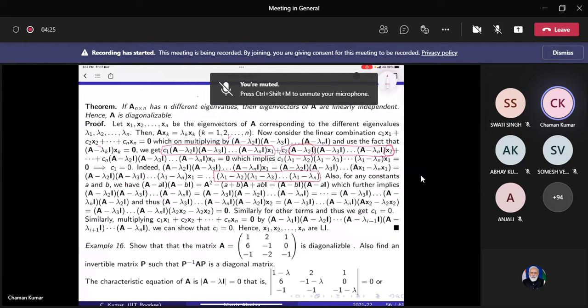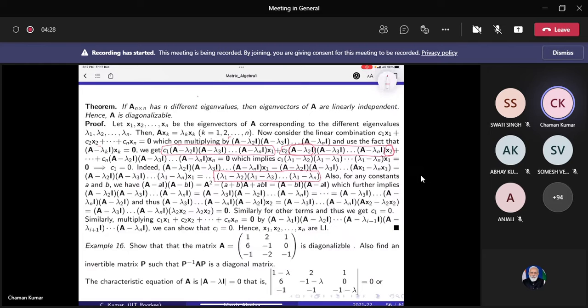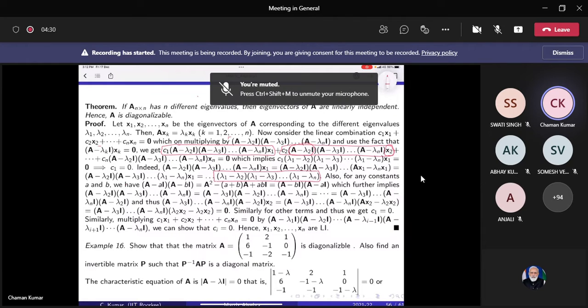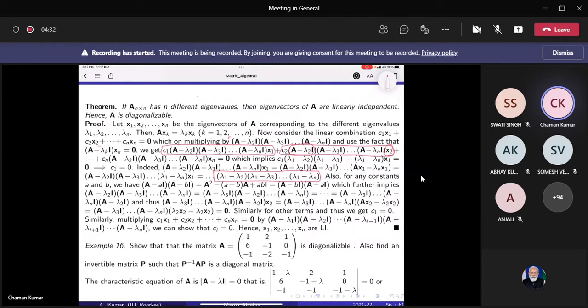So when x2 is multiplied by A minus lambda 2I, this will become 0 because lambda 2 is an eigenvalue corresponding to the eigenvector x2. So the second term will be 0. And similarly the third term and so on, the nth term, all the terms will be 0. So except the first term, all the terms will be 0.